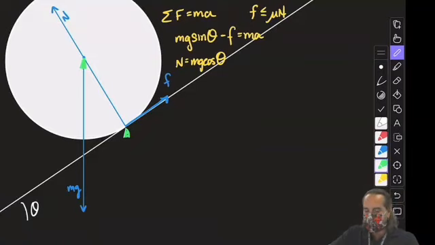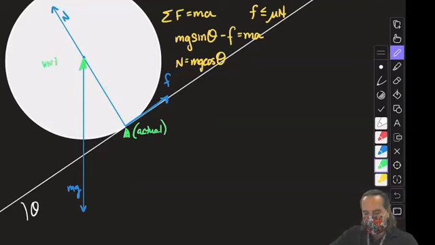The problem is that it only pivots about it instantaneously until it's touching the next point, and then that becomes the pivot point. In both cases, the pivot point is moving. But instantaneously, this point is not moving, and the entire thing is pivoting about it. Now, I can't explain to you today why this is true, but this is the actual pivot point. But you can still do the problem if you choose the pivot point to be the center.